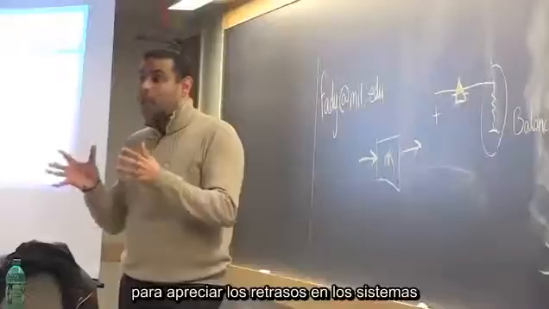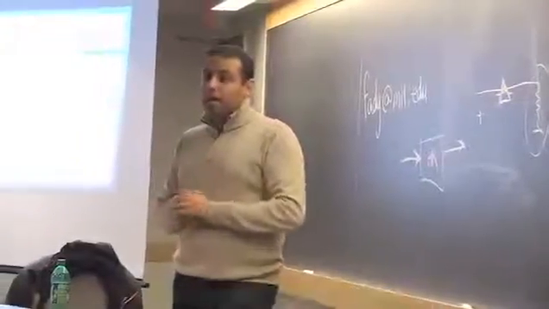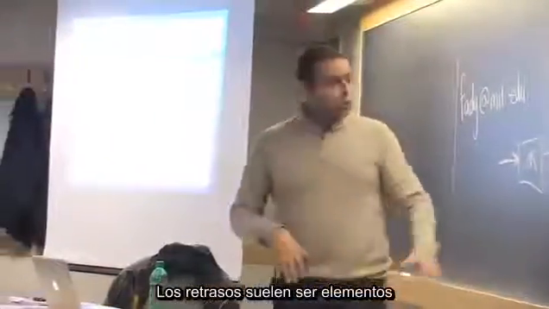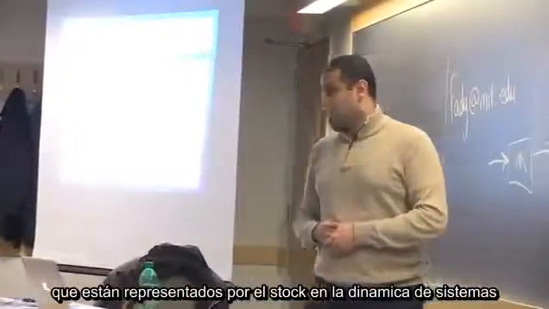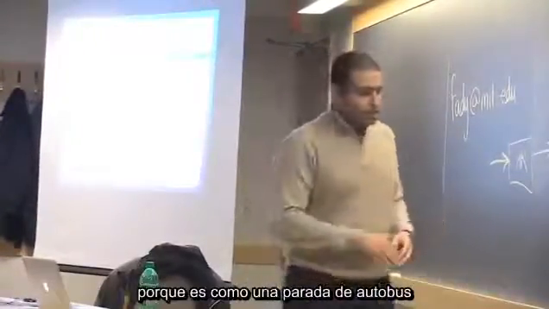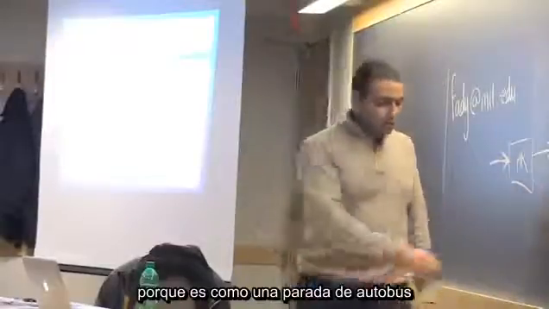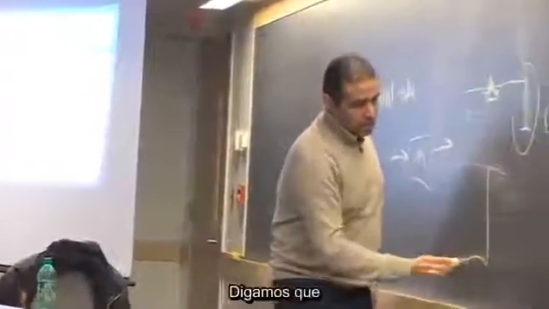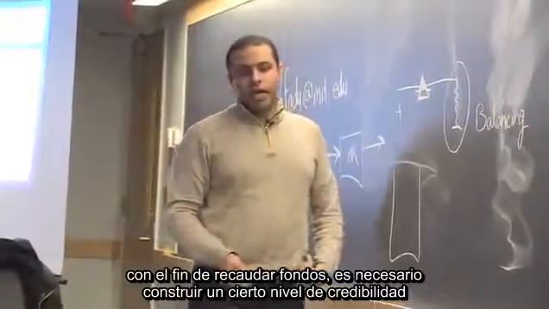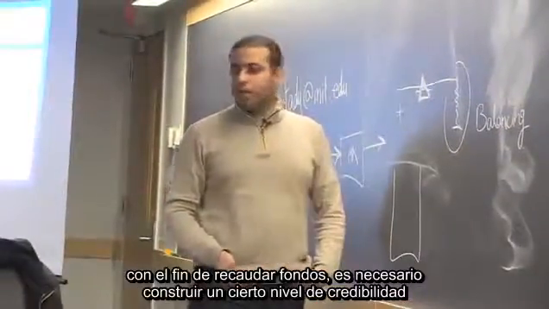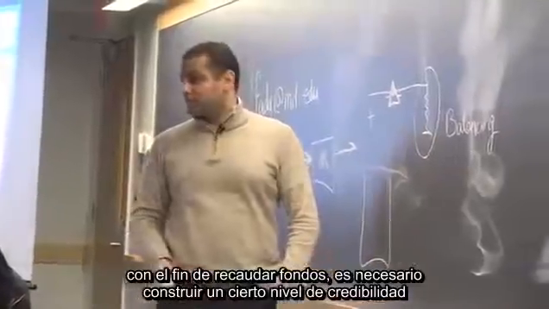So, appreciating delays in systems. And delays are usually represented by stocks in system dynamics, somehow like the bathtub. Let's say that in order to raise funding, you need to build a certain level of credibility.